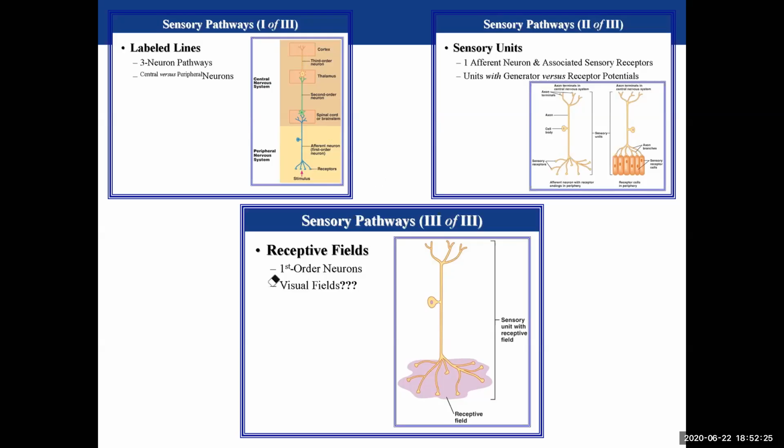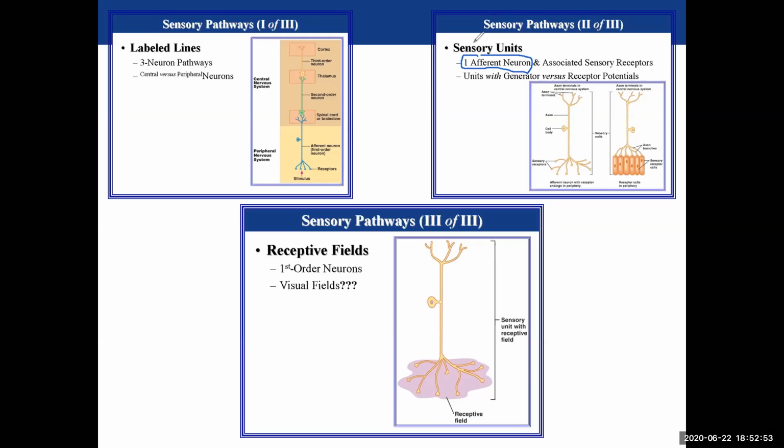Moving on to what is called a sensory unit. This is defined as one single first order neuron, so one afferent, one first order neuron, one sensory neuron, and all the receptors it is innervating or serving, all the receptors sending information to it, right?